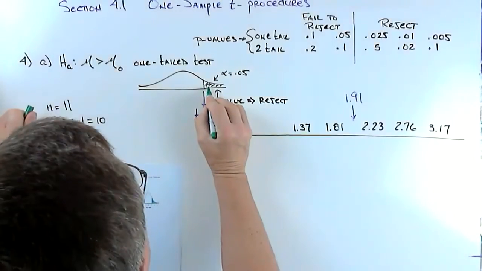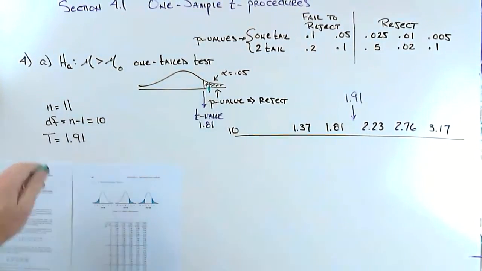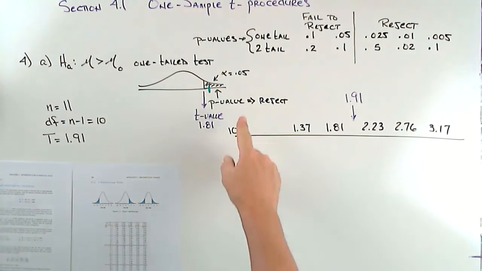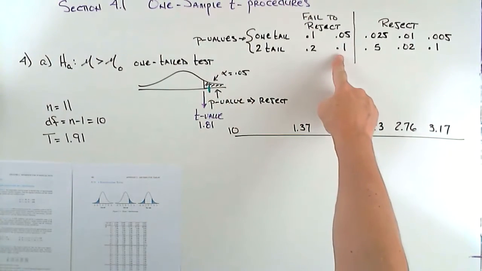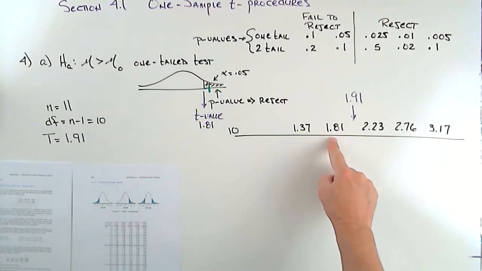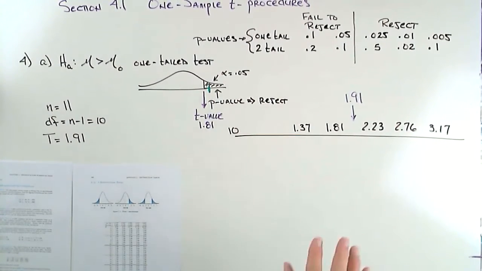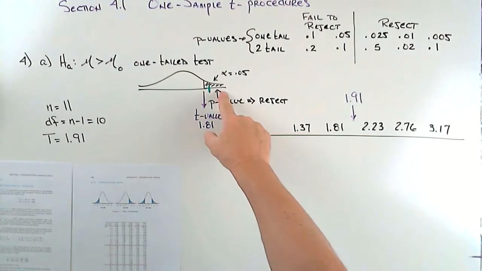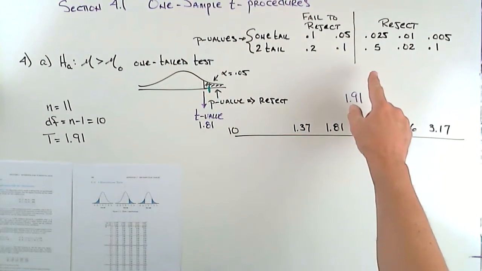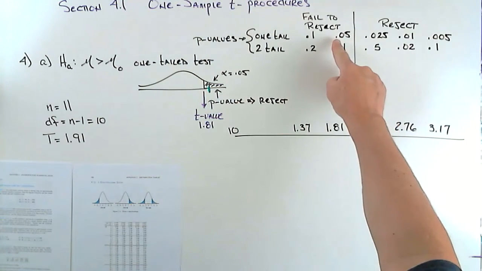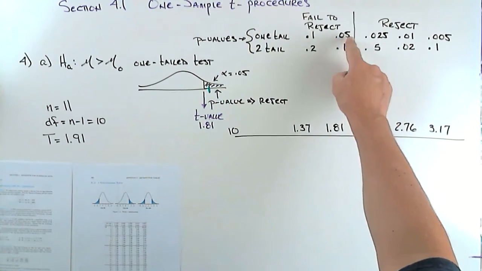So our t-score is over here at 1.91. So we're in our rejection region. Our t-score is bigger than 1.81, which means our p-value is smaller than our alpha value, which is 0.05.